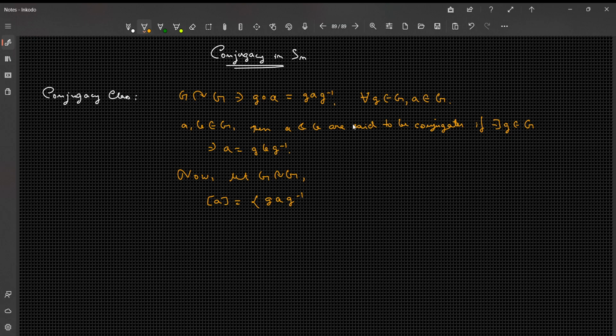So it consists of the elements of the form g a g inverse, such that small g is in capital G. This set is called the conjugacy class of small a, which is an element from G. Clear?